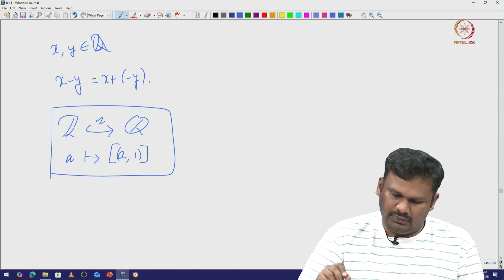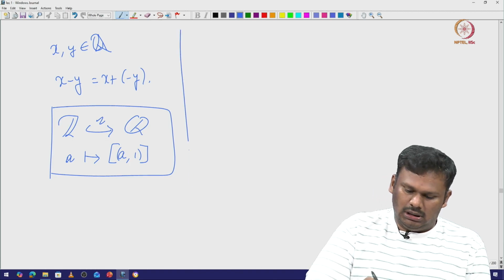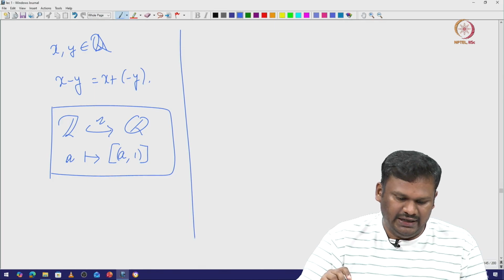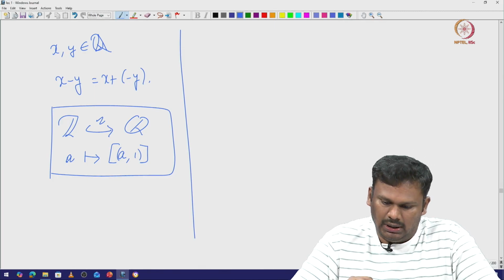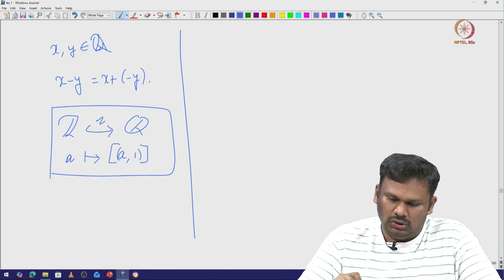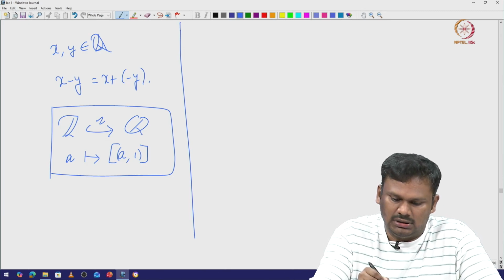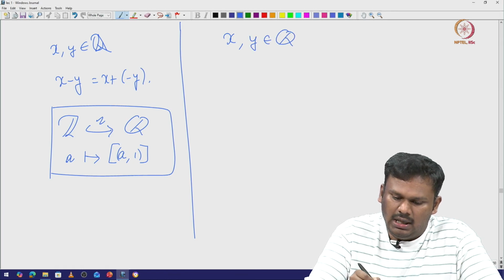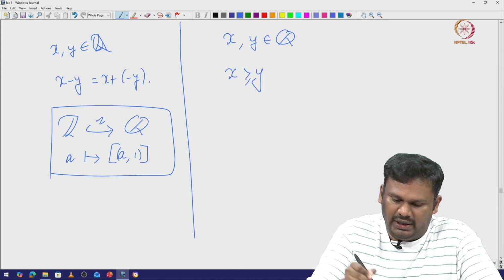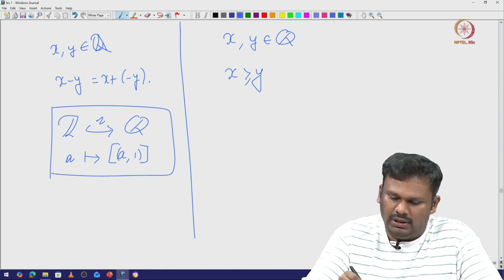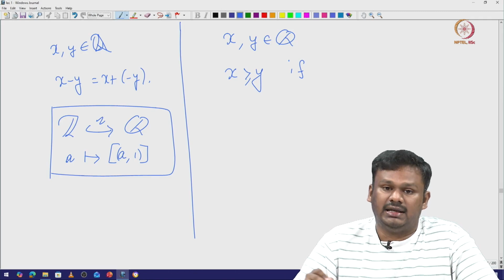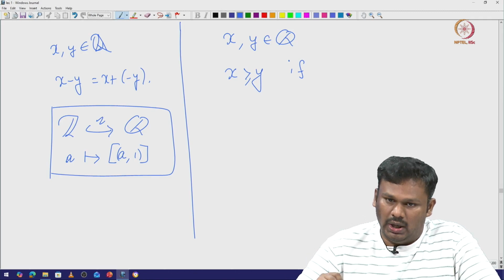Not only this, one can actually define the order on this Q. Like the integers, the order will be defined as follows. If we take x, y in Q and we want to say that x is greater than or equal to y, then we expect that x minus y should be non-negative.